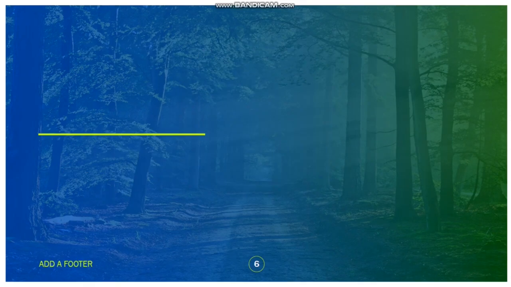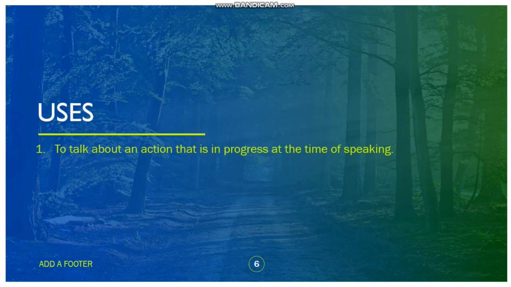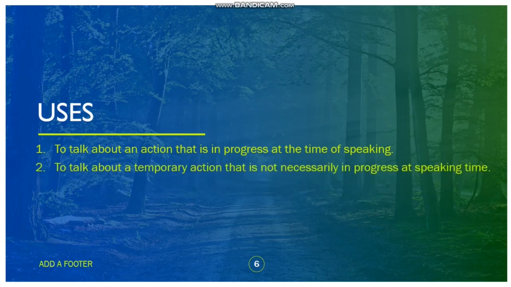So let's talk about the uses of present continuous tense. There are the following uses. Number 1, to talk about an action that is in progress at the time of speaking. Number 2, to talk about a temporary action that is not necessarily in progress at speaking time.